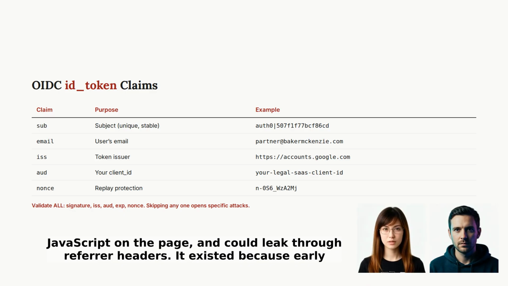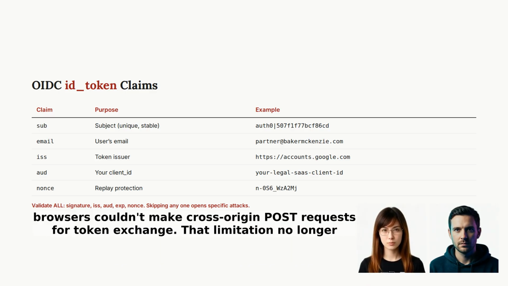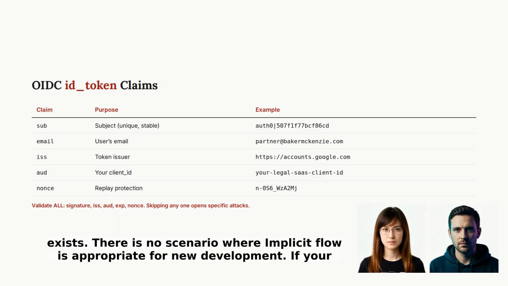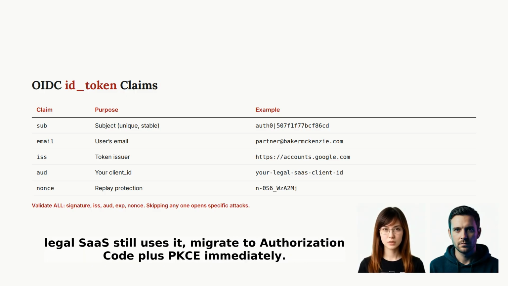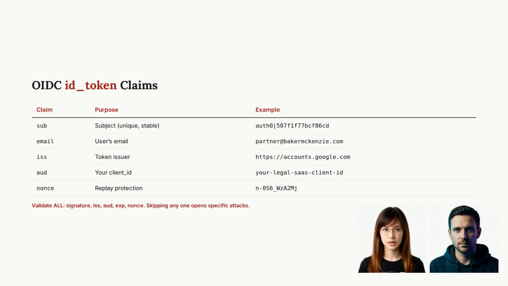It existed because early browsers couldn't make cross-origin POST requests for token exchange. That limitation no longer exists. There is no scenario where implicit flow is appropriate for new development. If your legal SaaS still uses it, migrate to authorization code plus PKCE immediately.